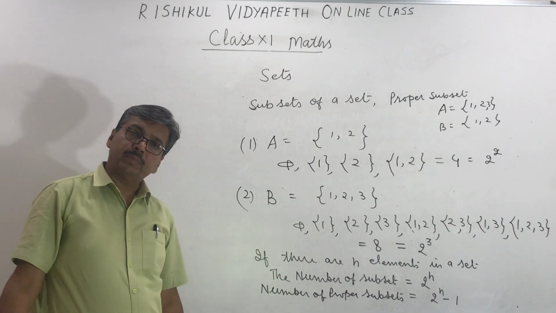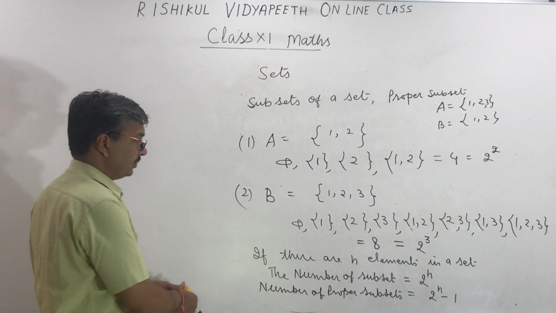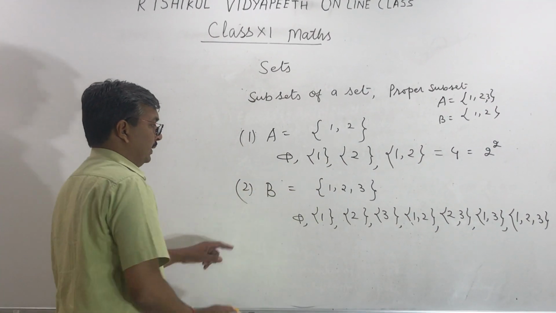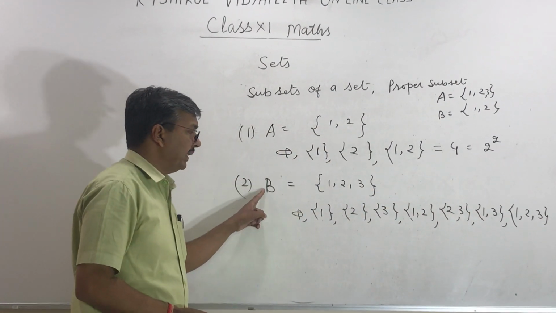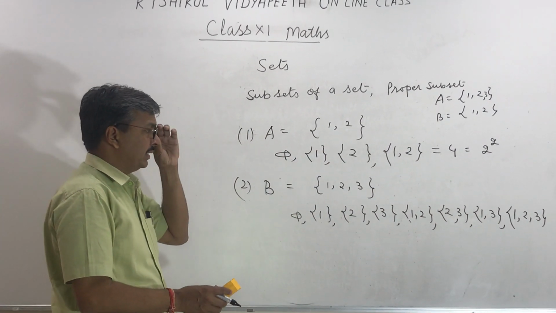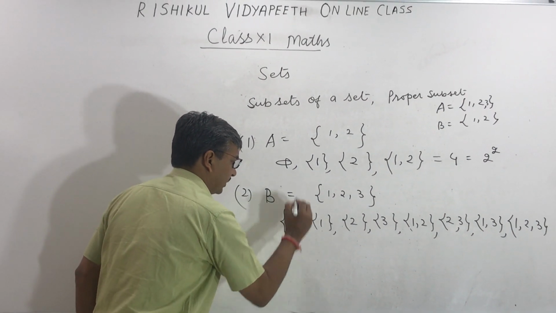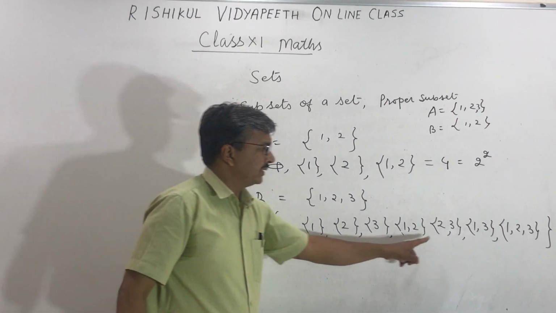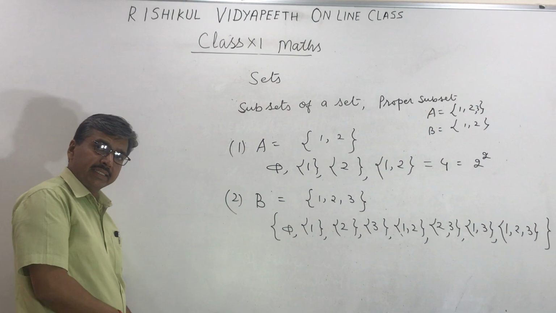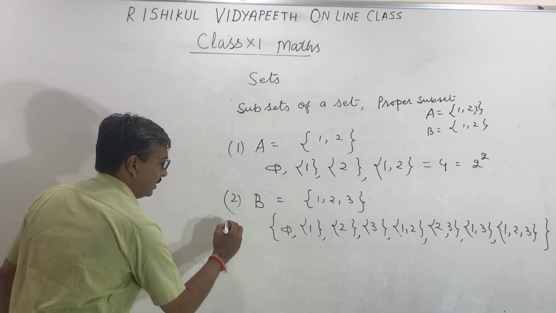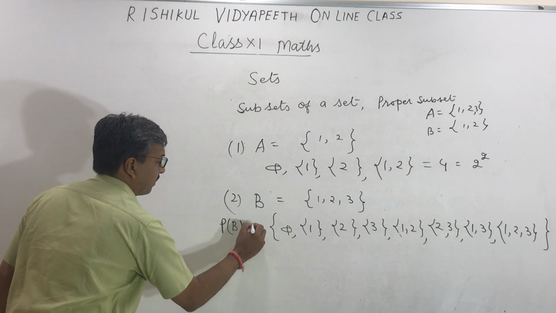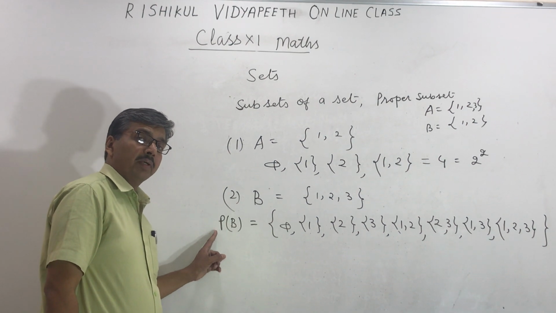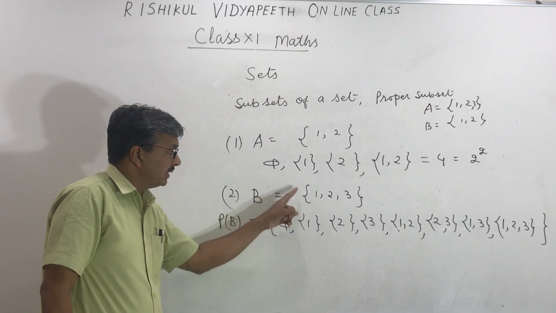So these are subsets, and these are the subsets of set B. If I write these sets in a curly bracket like this, now this has become a set, and this will be represented as P(B), and this is the power set of B. Set B is this.